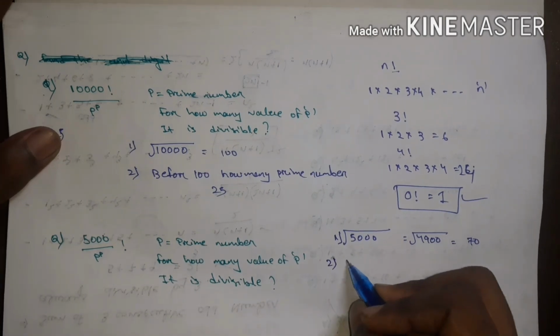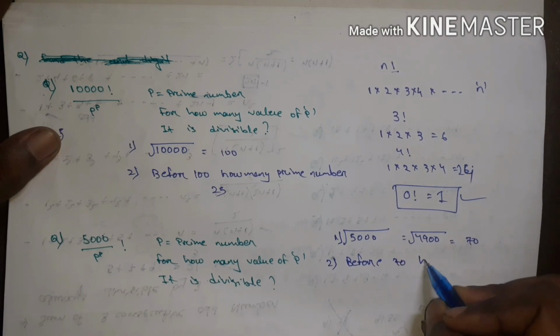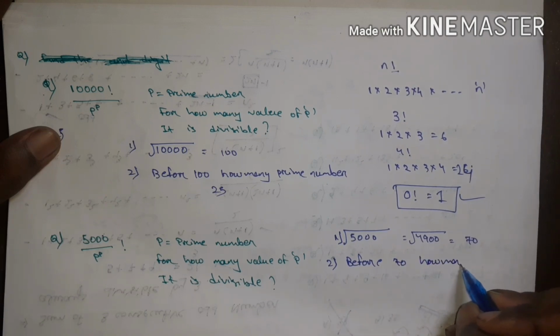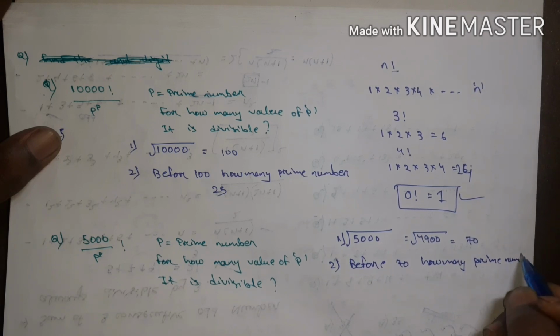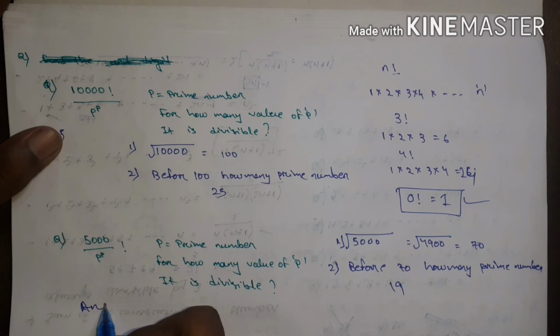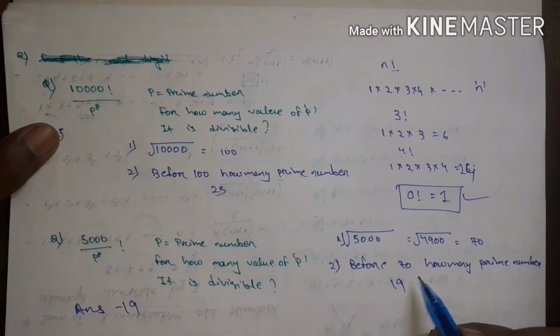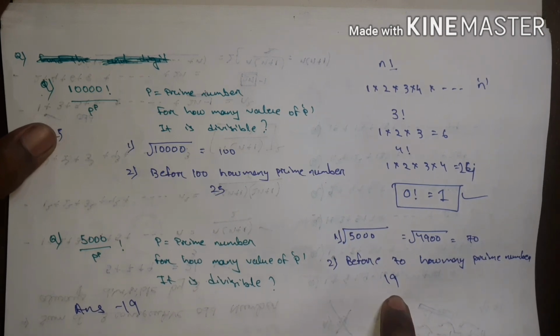Then before 70, how many prime numbers? That is 19 prime numbers. Your answer is 19. I already said all prime numbers from 1 to 100. You have to watch that video, it will help you.